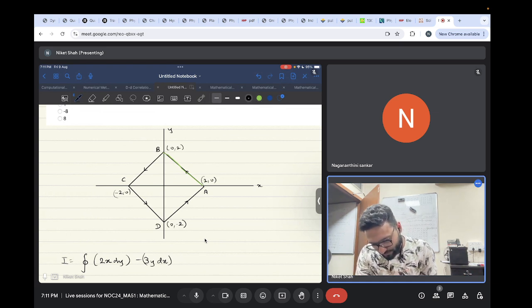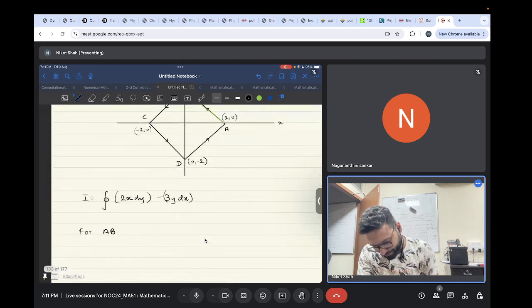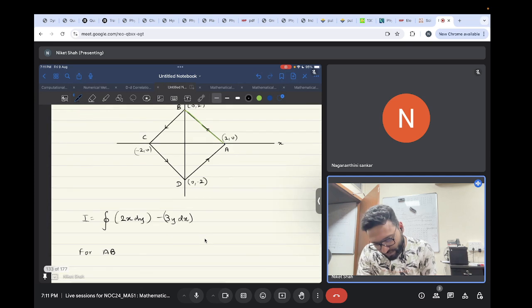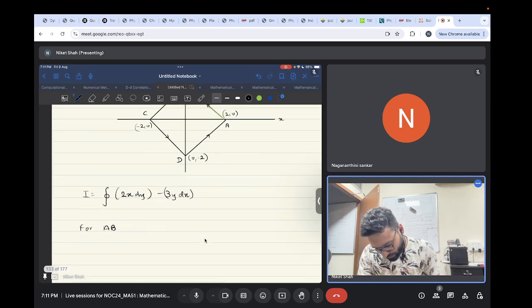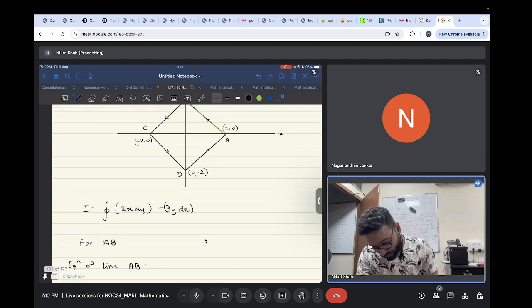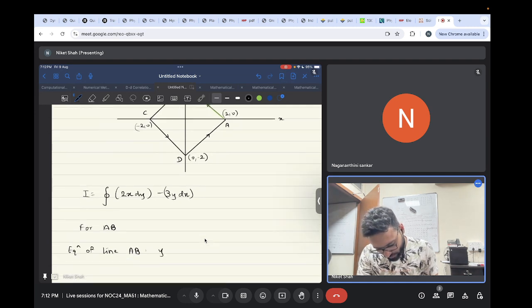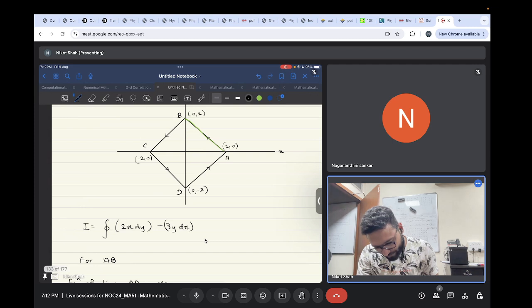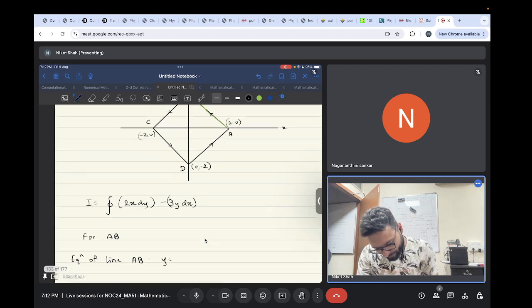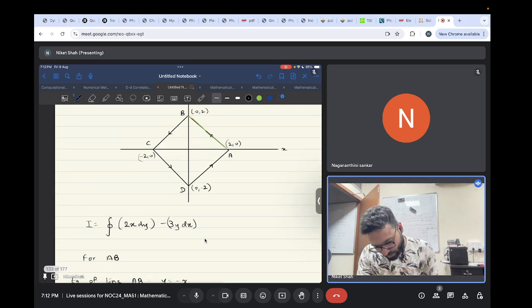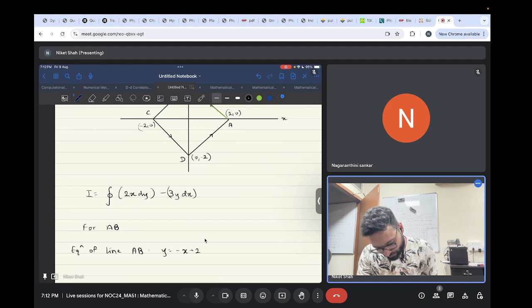So in this case, what is the equation of line AB? The equation is y is equal to simply mx plus c, right? So y is equal to, the slope would be minus 1, so minus x plus c. The y-intercept is 2, so y equals minus x plus 2.